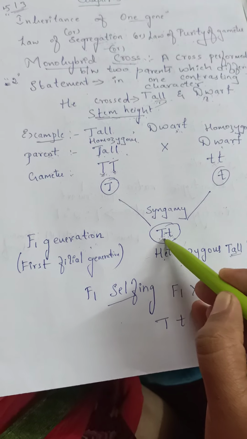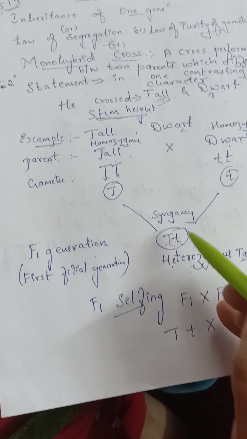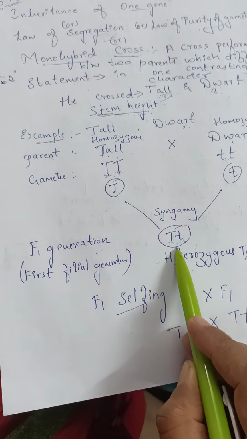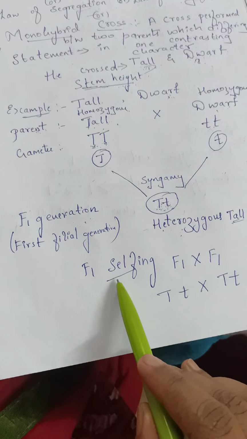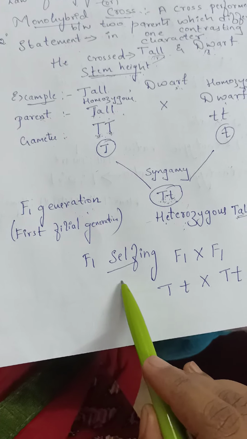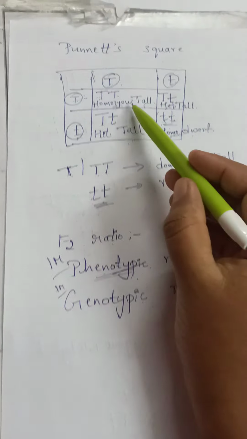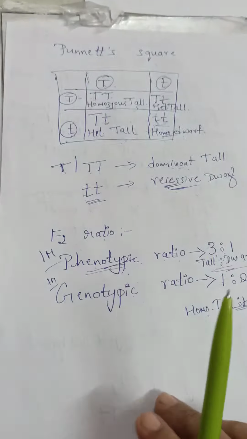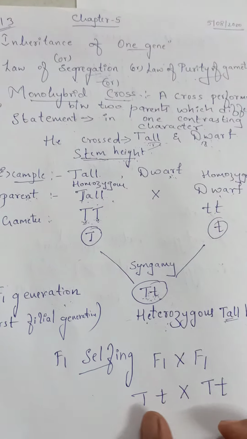In F1 generation, tallness and dwarfness are together, but they do not undergo blending. When the F1 selfing is done, or when the F1 hybrids are allowed to cross, each of the characteristic features separates. So the meaning is very simple, no need to worry.